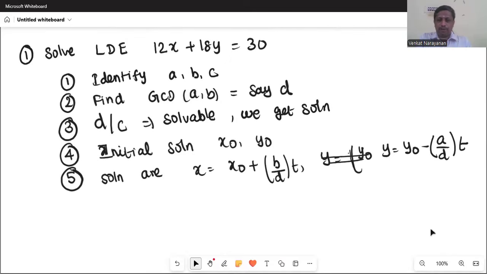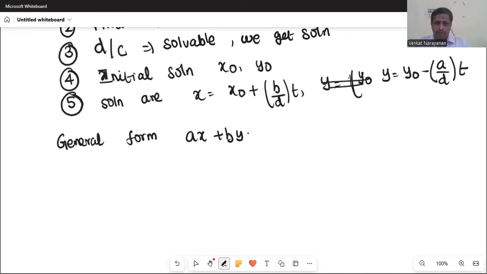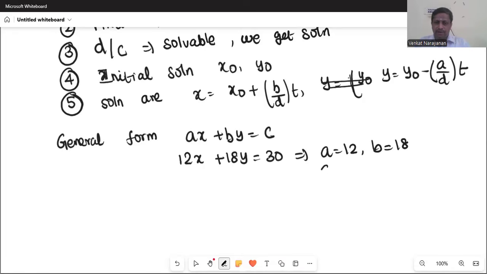By the procedure, we know that the general form of the equation is ax plus by equal to c. Comparing with 12x plus 18y equal to 30, we understand that a equal to 12, b equal to 18, and the c value is 30.